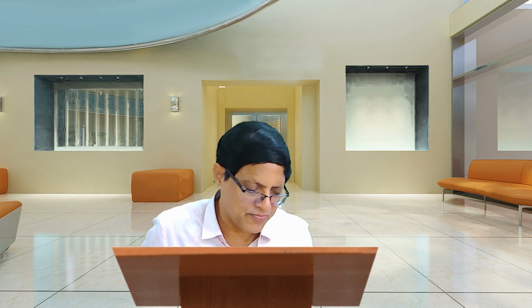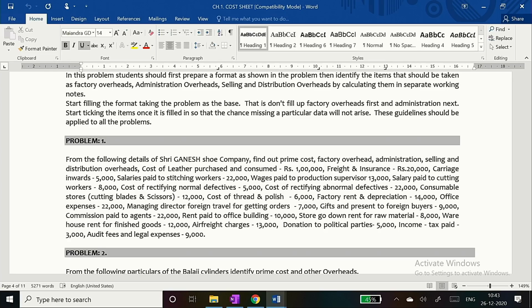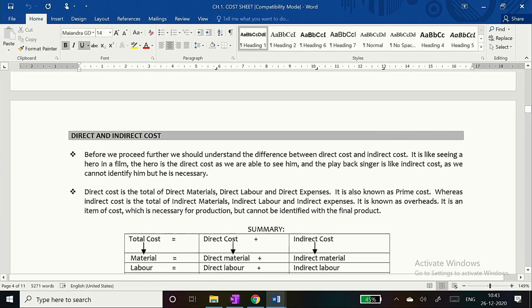Now I am going to the next part, problems. I'll take, I don't know what, 1 minute, this question paper. Now friends, whatever I explain, I am just recollecting.